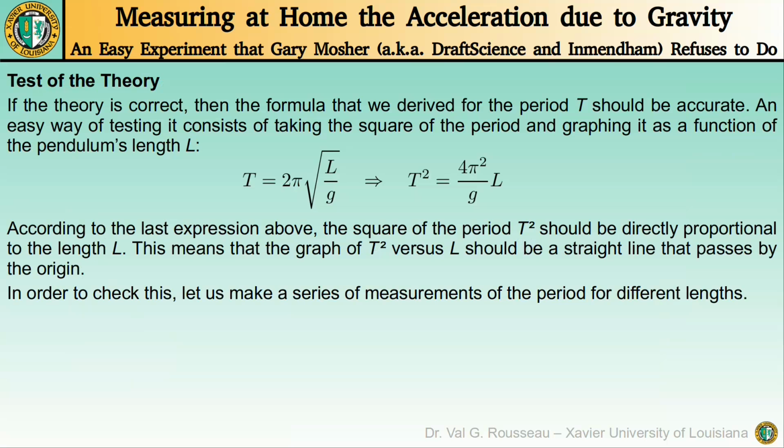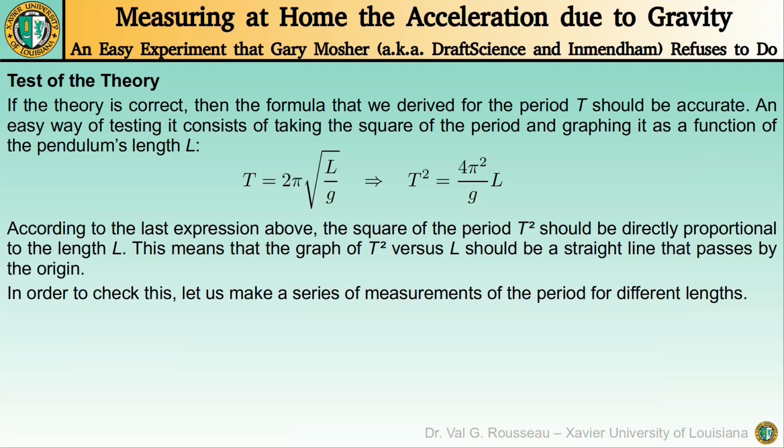Of course, as opposed to Gary's religion that relies solely on blind belief, our theory can be tested experimentally. Since our formula predicts that the period depends on the square root of the pendulum's length, we conclude that the square of the period must be directly proportional to the length, with a coefficient of proportionality equal to 4π² over g.